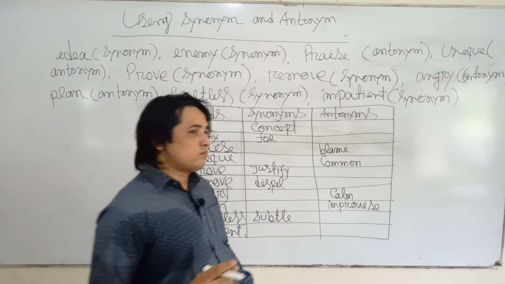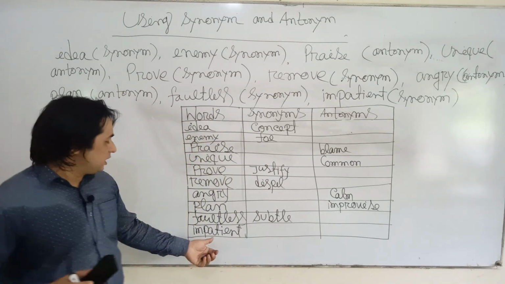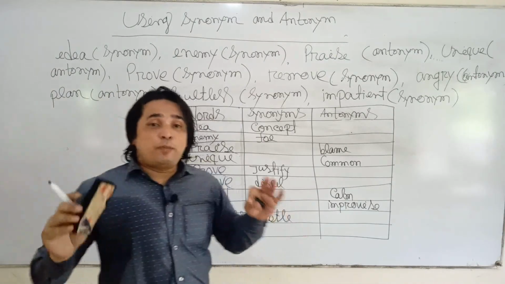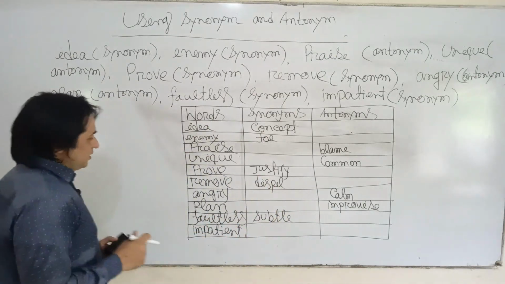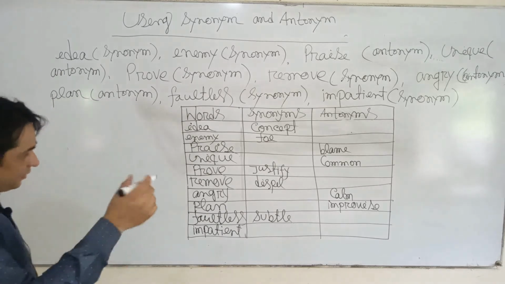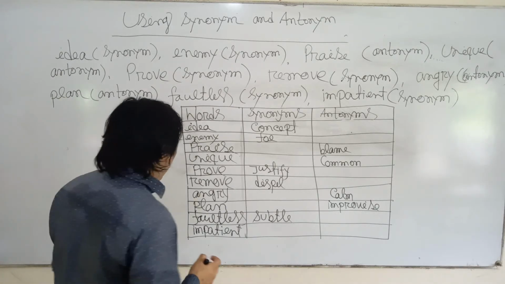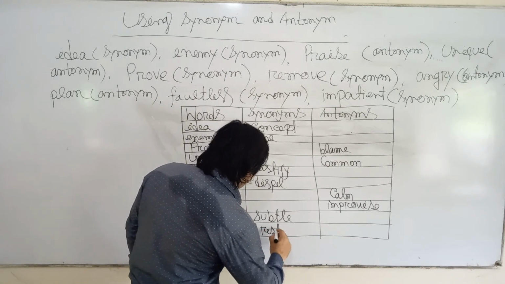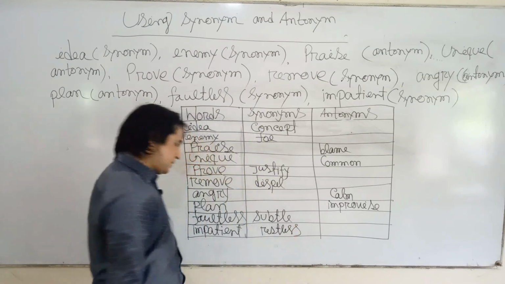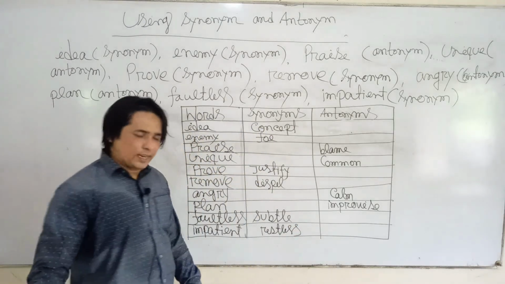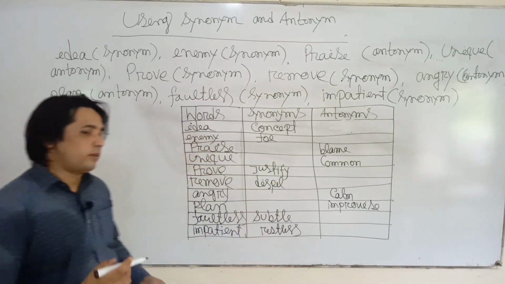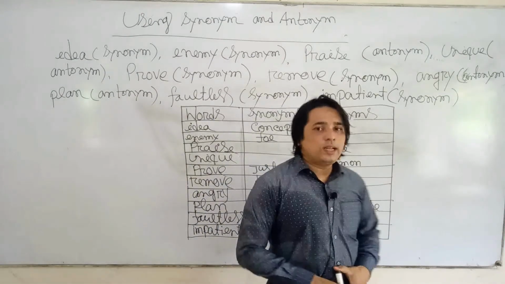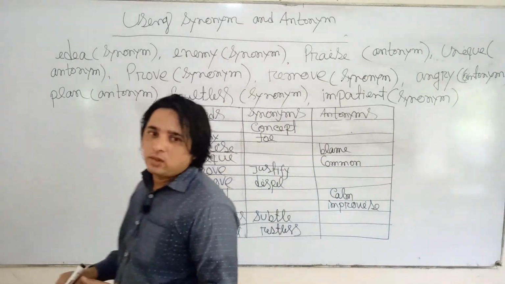Impatient means without any patience. We will have to write a synonym of the word impatient, and it will be restless. You may use persistent also here, but restless is suitable here. So now you see how you will have to answer question number 11.